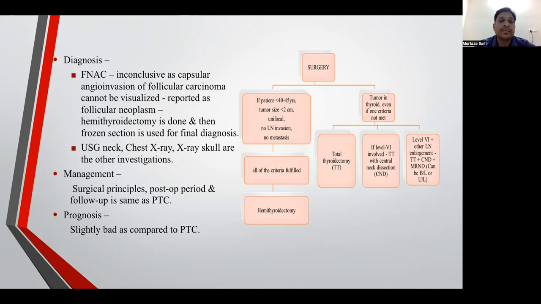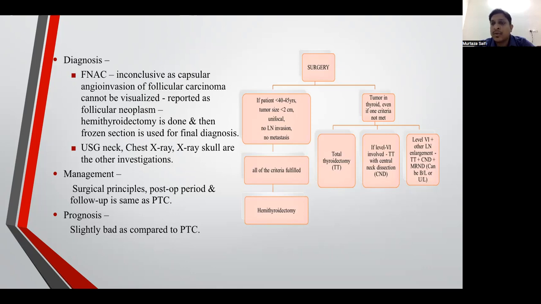Here is a flow chart. The patient is 40 to 45 years, tumor size less than 2 centimeters, unifocal, no lymph node invasion, and no metastasis. If all of these criteria are fulfilled, then again hemithyroidectomy. If the tumor is in the thyroid and even one criterion is not met, then total thyroidectomy.